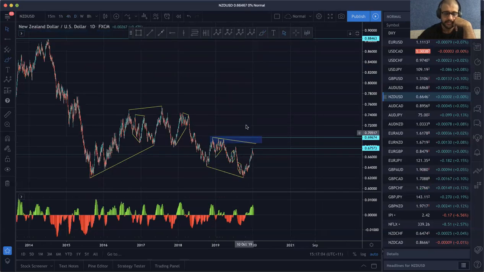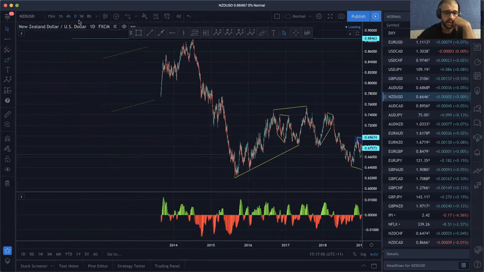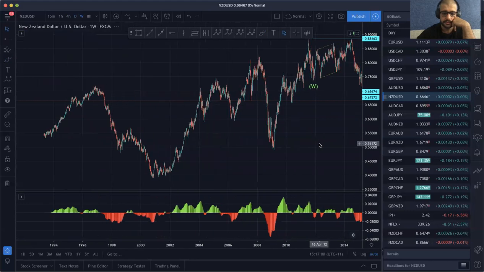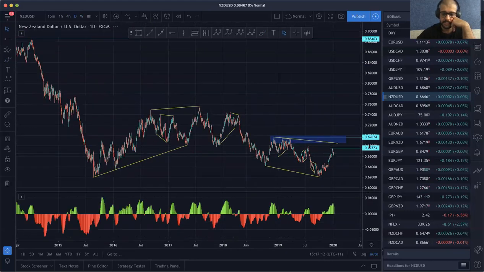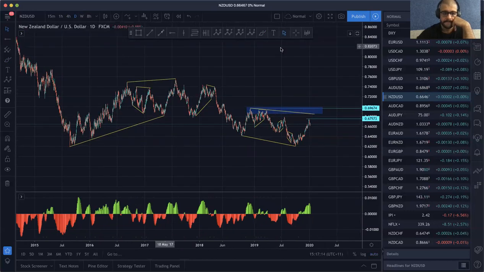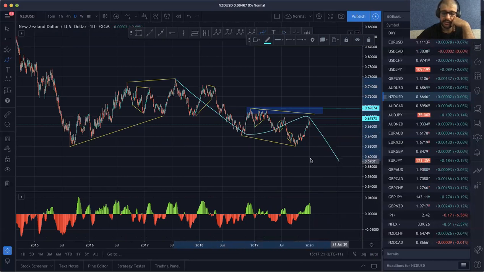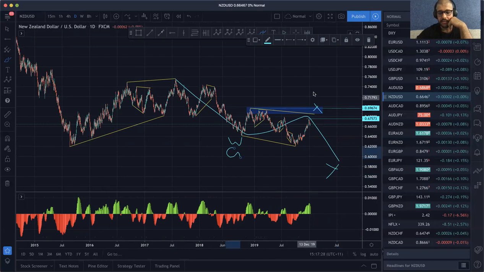What that would create on a higher time frame: this is our W or potential A, this is our B, this is our C. This could be a W also, an X, this to be our Y for more downside, or this could be our A, B, and a C for a completion, and then for us to see up.